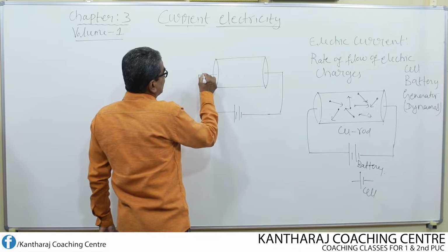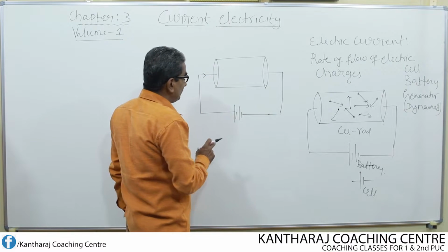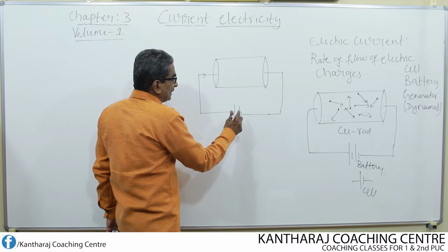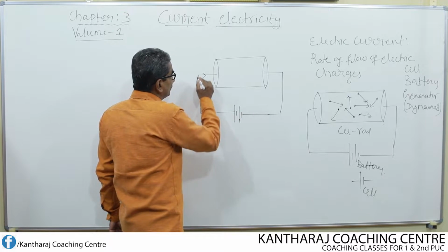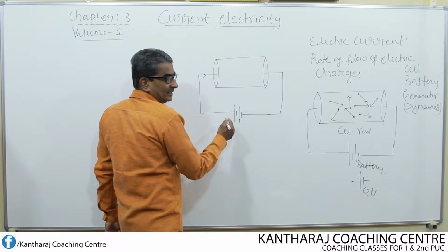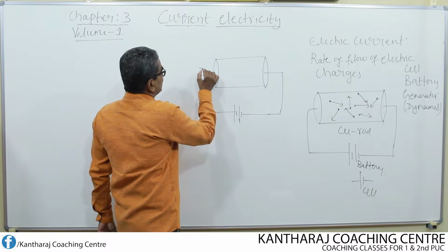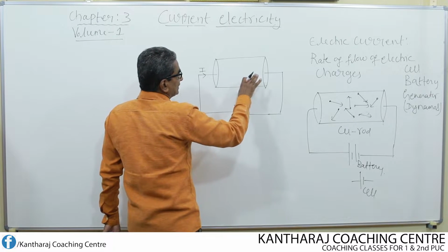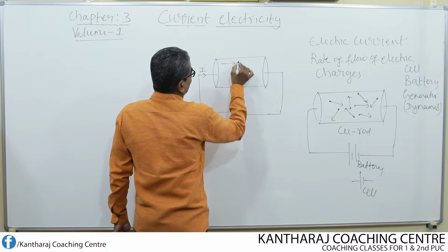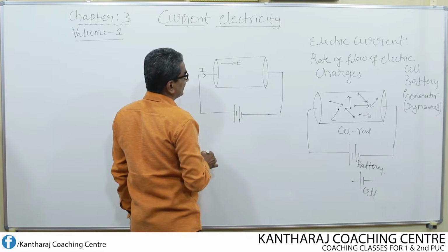Now the current starts flowing. Remember, the direction of the current is always taken from the positive terminal to the negative terminal. Understand? So this is the electric current, which is represented by I. As soon as the current starts flowing through the conductor, an electric field is set up inside the conductor.